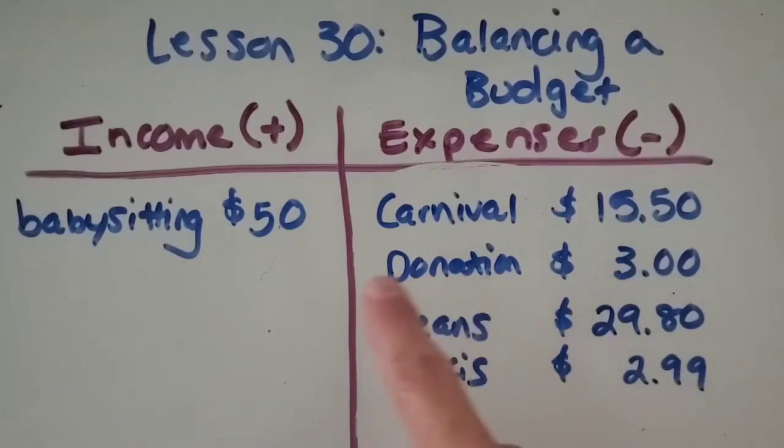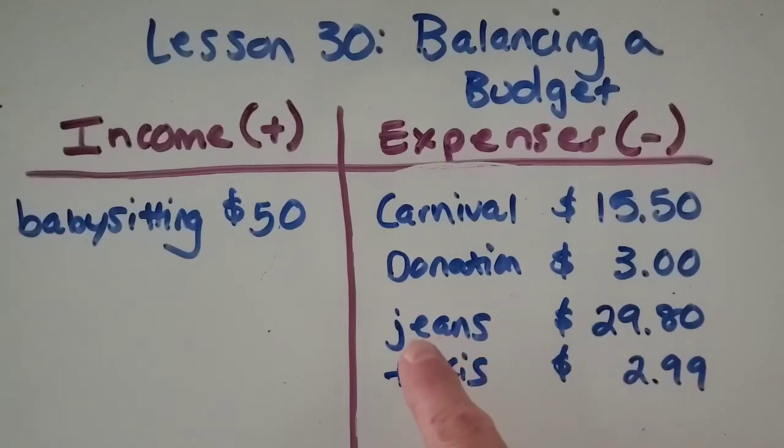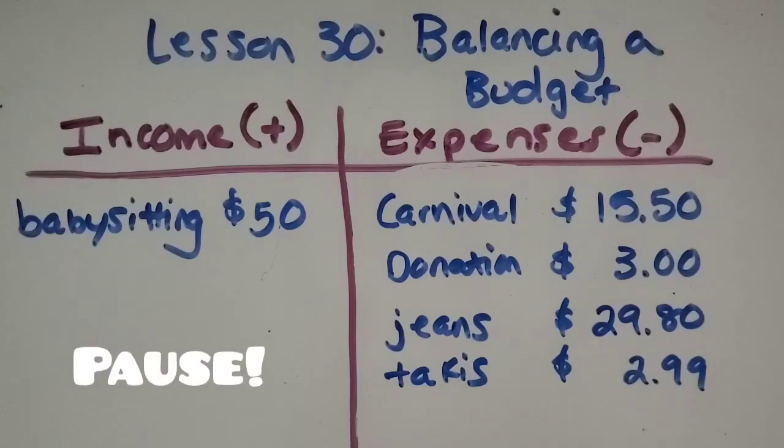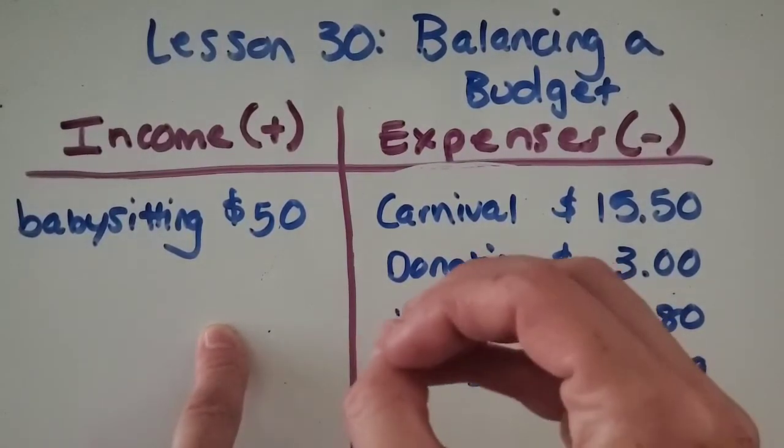They gave a charitable donation and it was $3. A pair of jeans cost $29.80, and they bought some Takis and it was $2.99. So pause the video and see if you can figure out if they have a balanced budget, which means that this side equals this side and it brings them down to a 0.